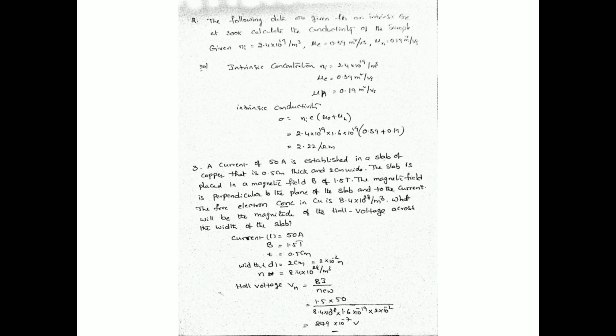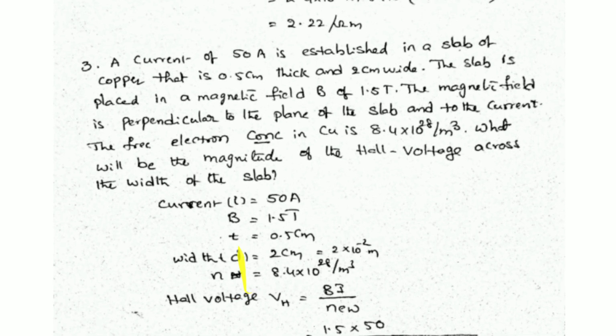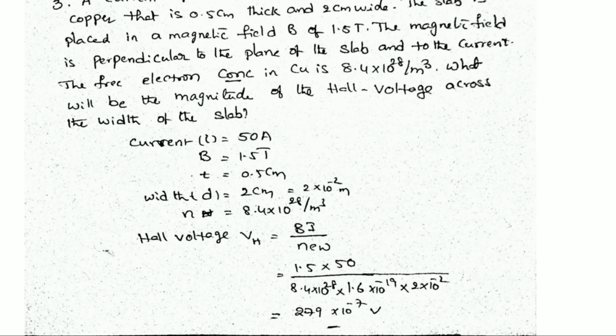Hall voltage formula: VH is equal to BI by Ne W. Here B is the magnetic field 1.5 into current 50 by N 8.4 into 10 power 28 into 1.6 into 10 power minus 19 into 2 into 10 power minus 2. Totally 2.779 into 10 power minus 7 volts.